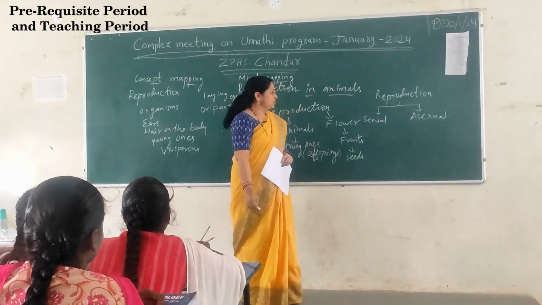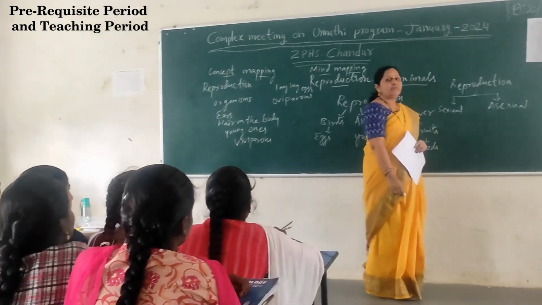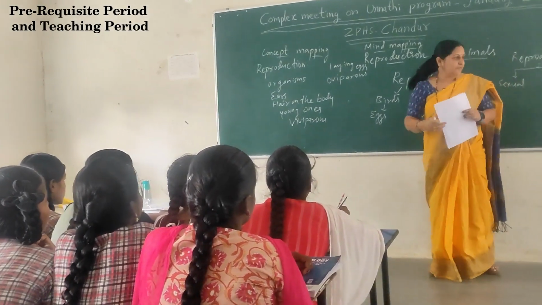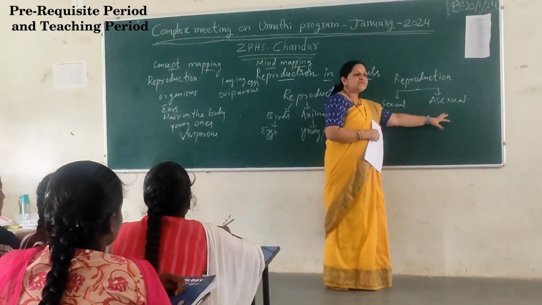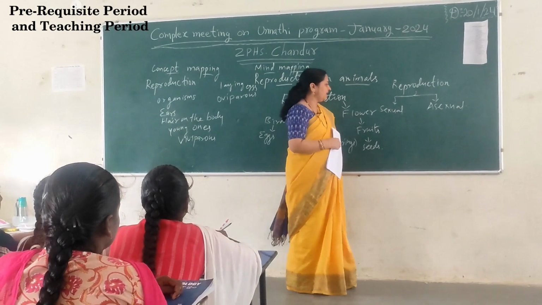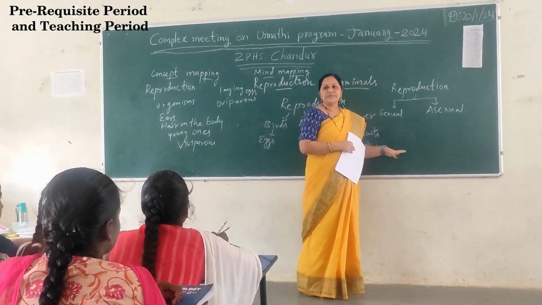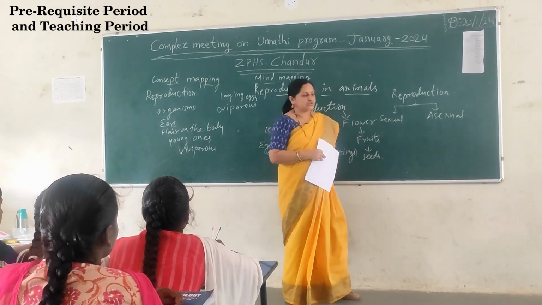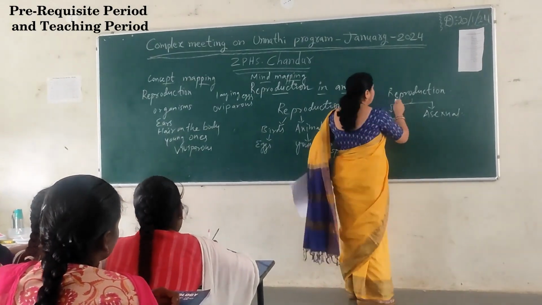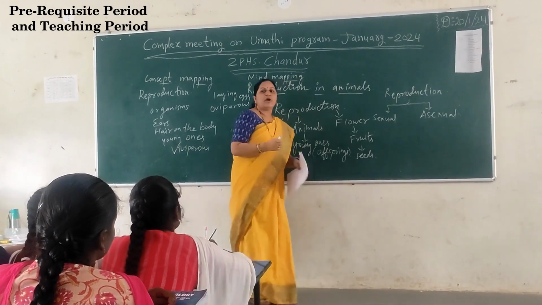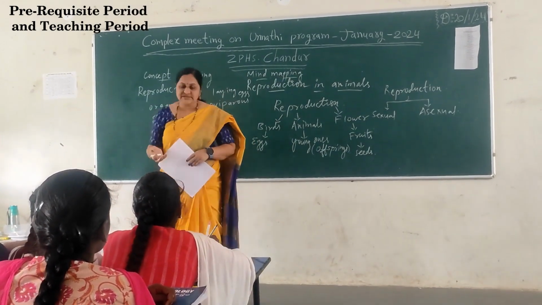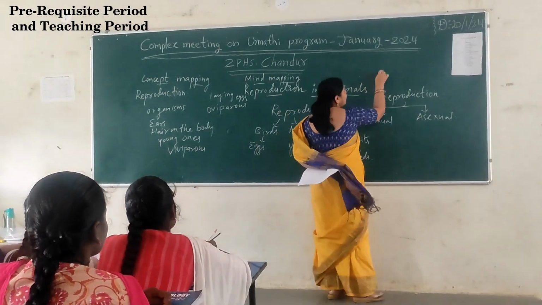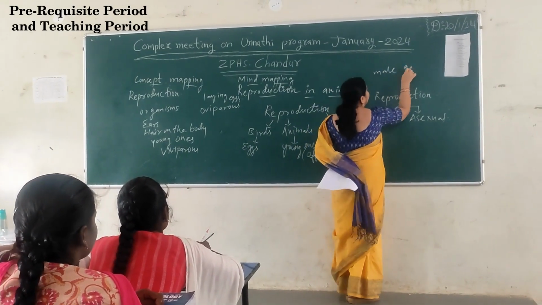Okay. So, we are doing the concept mapping. That's why we are going to discuss sexual and asexual reproduction. What is sexual reproduction and what is asexual reproduction? See, in organisms, animals or human beings, we have male gametes and female gametes.